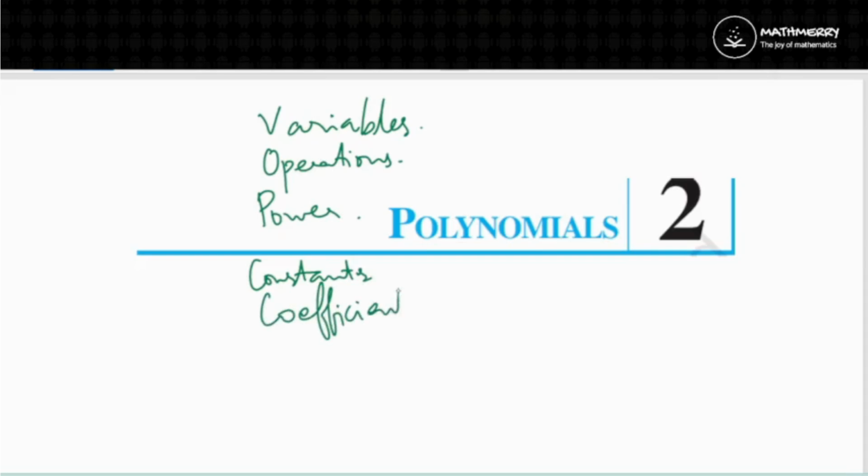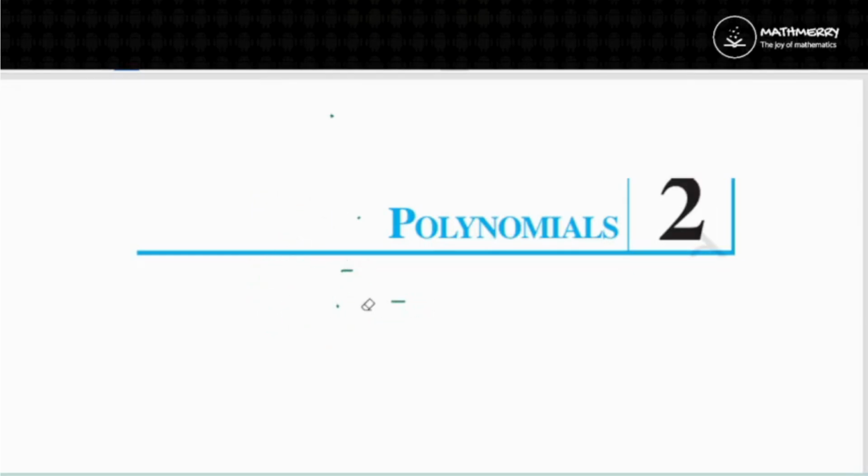So a polynomial essentially contains almost all of this, and we have different types of polynomials. It's basically an algebraic expression which involves these mathematical operations, with powers, constants, coefficients, etc.